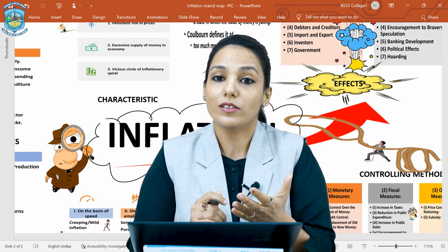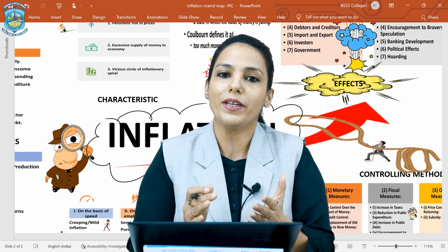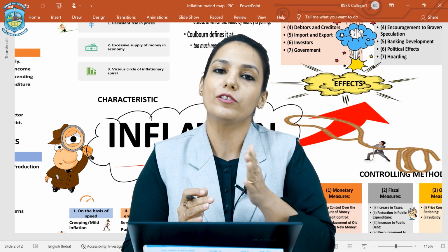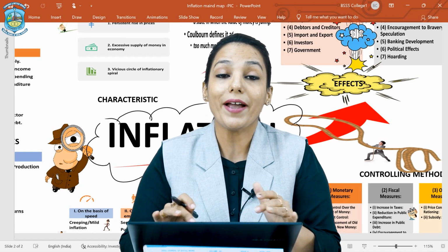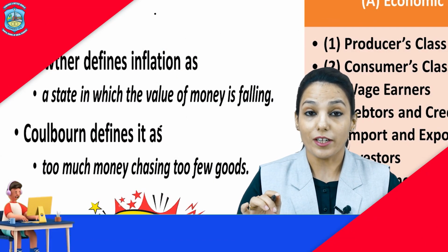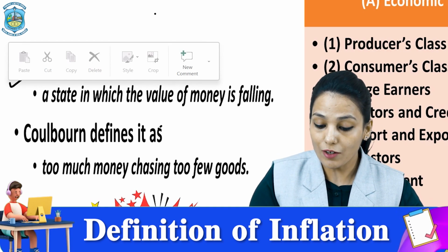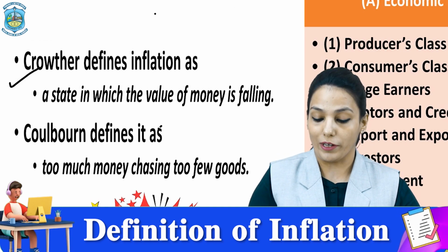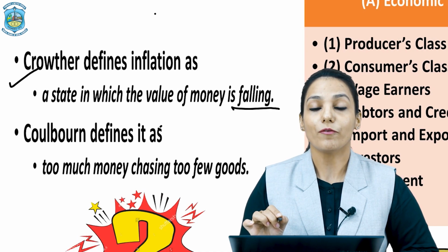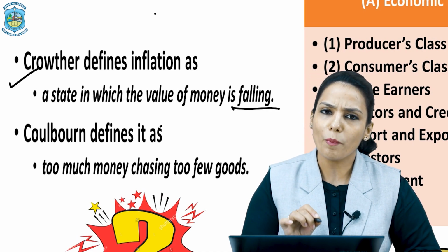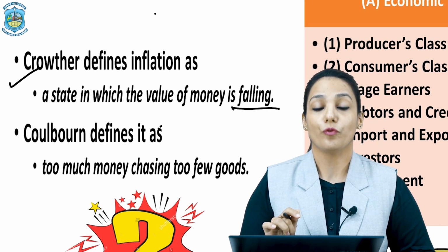Inflation might be of concern since the value of money continuously falls during inflation. Going by the definition, Crowther defines inflation as a state in which the value of money is falling, and Coulborn defines it as too much money chasing too few goods.